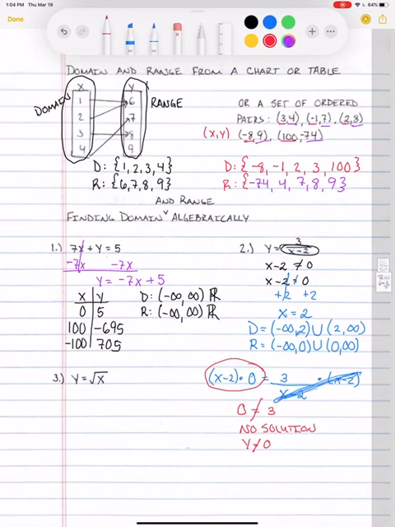Lastly, I have y equals the square root of x. So when you're looking at something like this where there's that square root symbol, what you're concerned about is what's underneath here. Okay, so we have x. There's a rule that whatever you're taking the square root of, it cannot be a negative number. So in this case, x can't be negative.